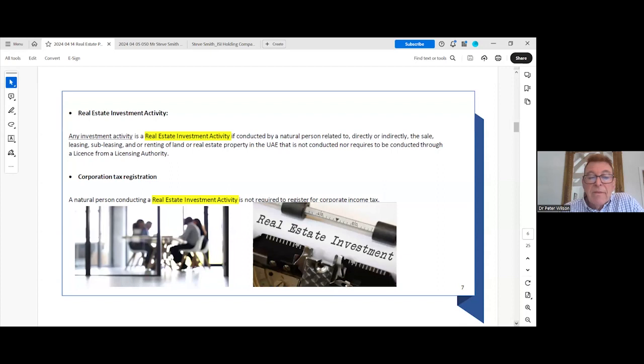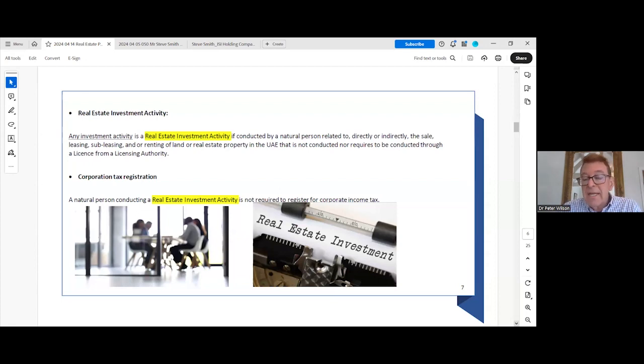So the next point that I want to bring out, because we've recently seen the Federal Tax Authority send a rocket around everybody who hasn't yet applied for a registration for corporate income tax. They've said that a natural person conducting a real estate investment activity is not required to register for corporate income tax.